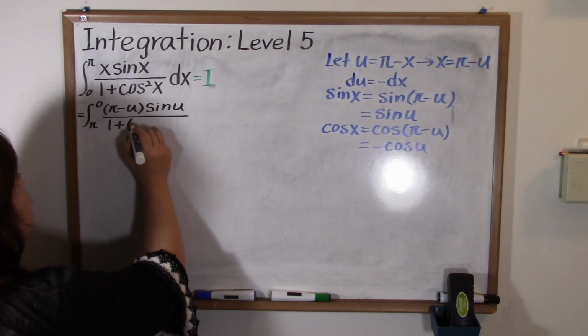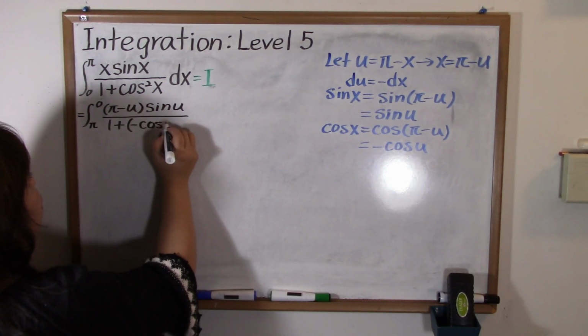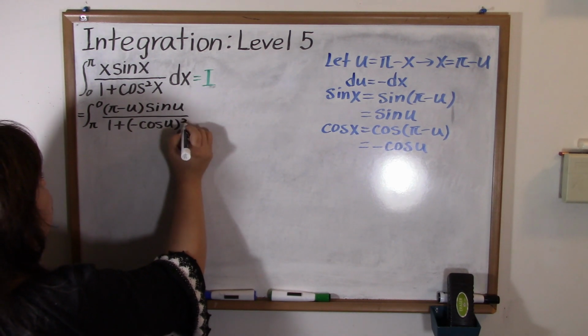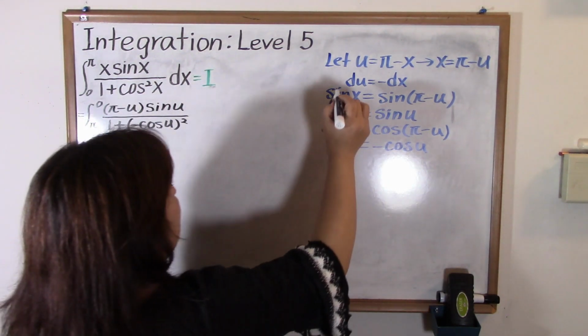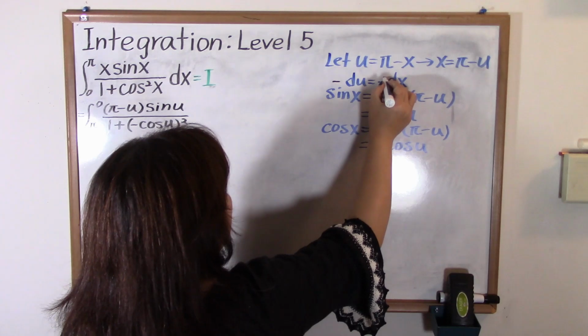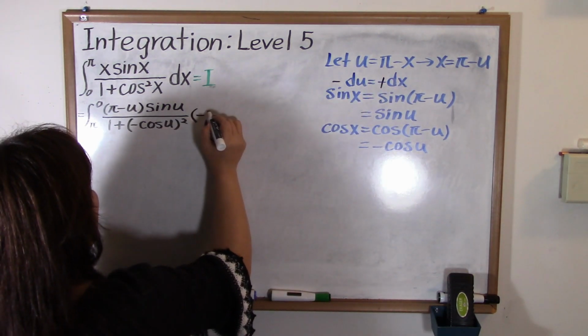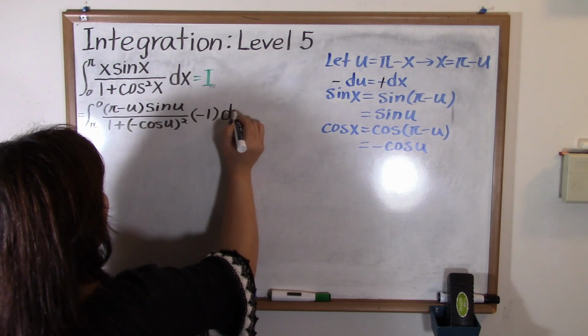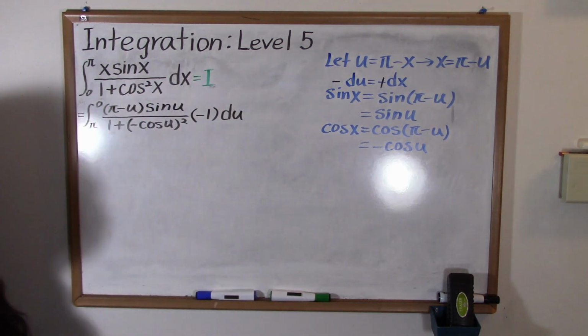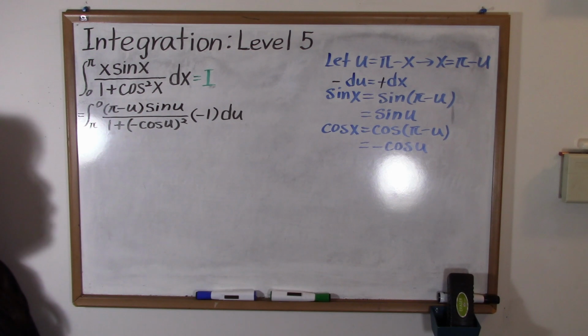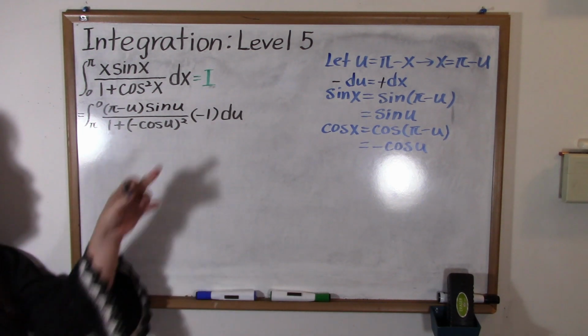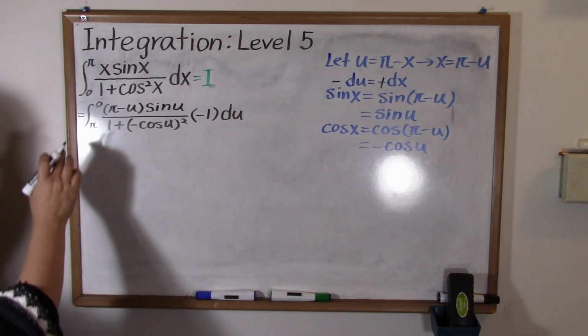So parentheses, negative cosine of u squared. And the dx is, we can change the sign. Dx is minus du, so we can multiply by negative 1 du. So next step, we have a negative 1, so we can swap the bounds.